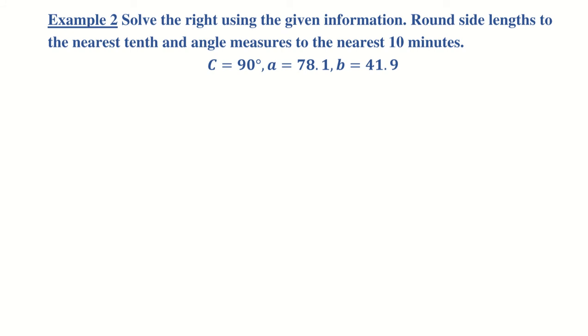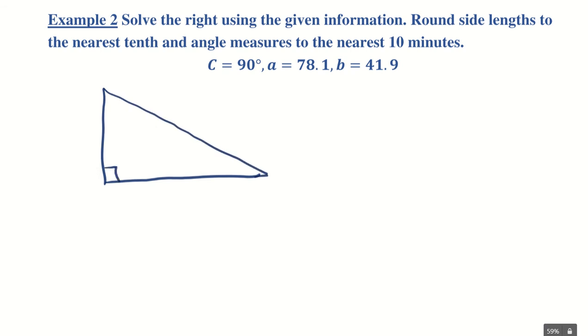All right, so if we just go ahead and draw a right triangle. Now we know that this is going to be C, it's 90 degrees. And where I call A and B is really not that important. But I do know once I decide that A is going to be the side opposite angle A, right here, and B is going to be the side opposite angle B, right?